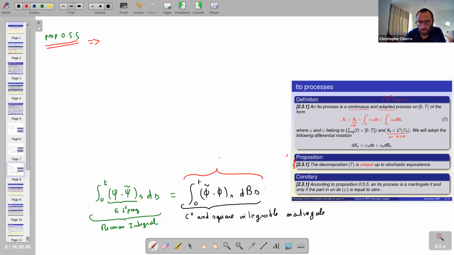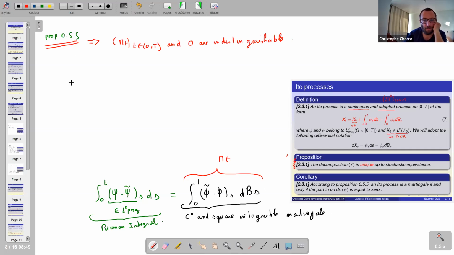So if I denote this one by MT, I know from proposition 0.5.5 that MT and 0 are indistinguishable.